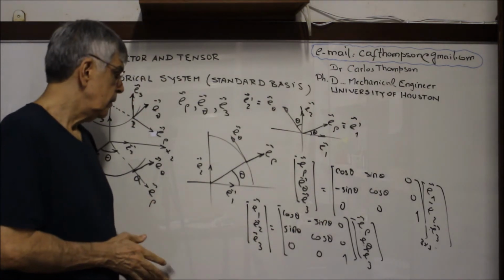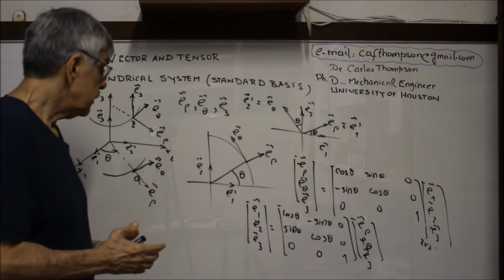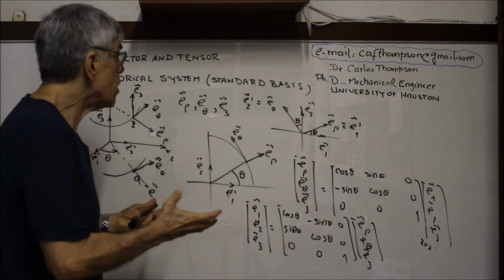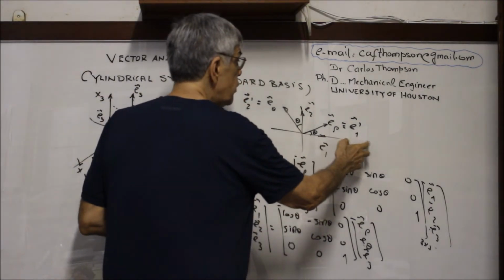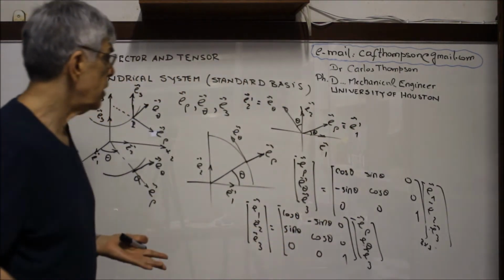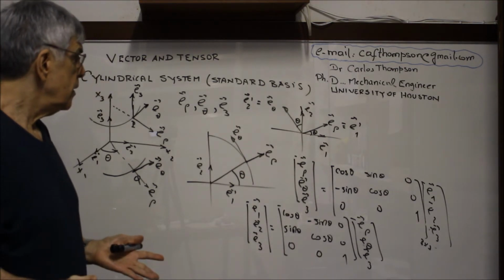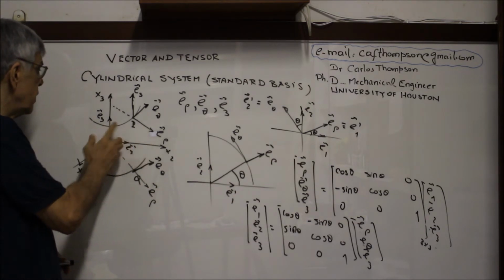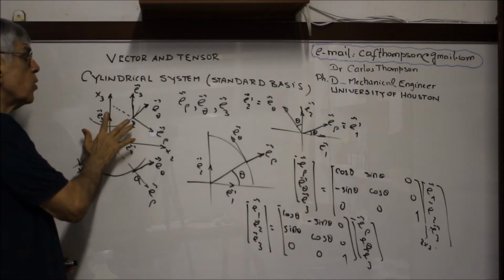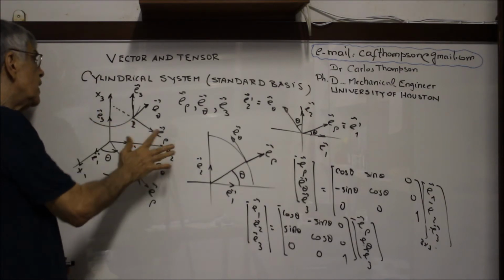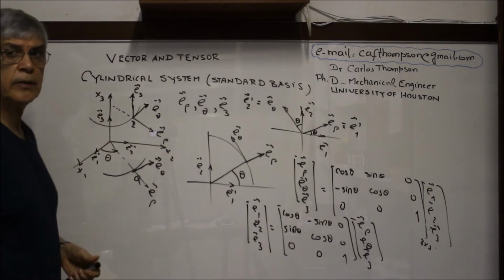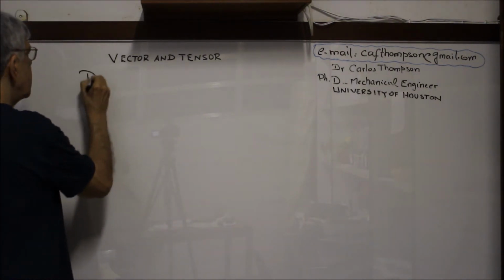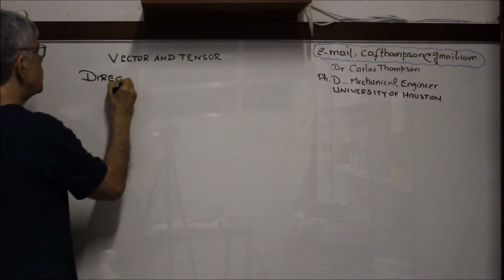The reason I'm doing this is because we did the same matrix for E1 prime and E2 prime. Here we're working in three-dimensional space in which x3 in the cylindrical coordinate is the same as x3 in the Cartesian coordinate. Just it, only this.